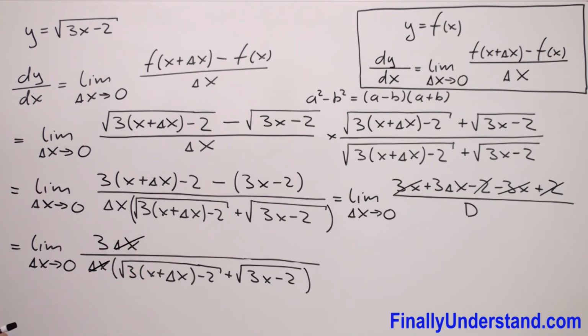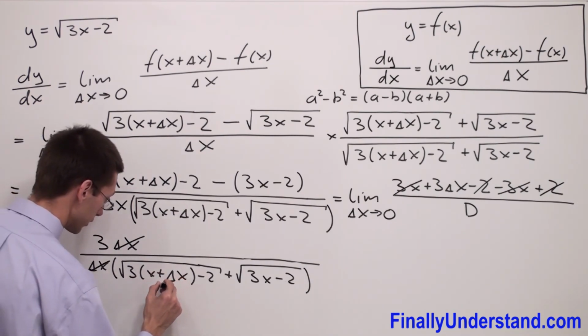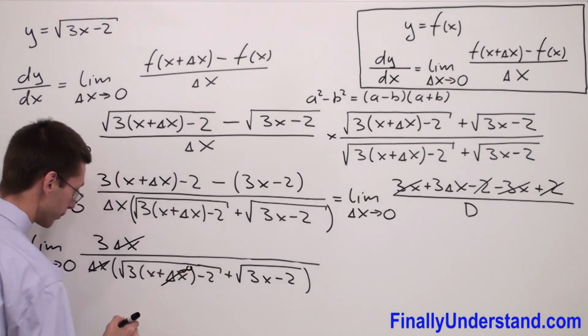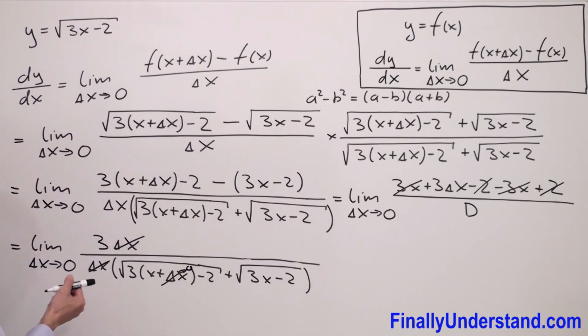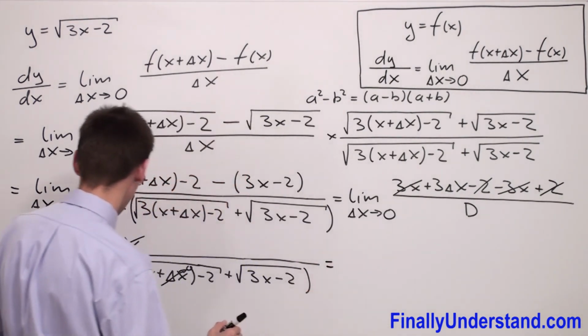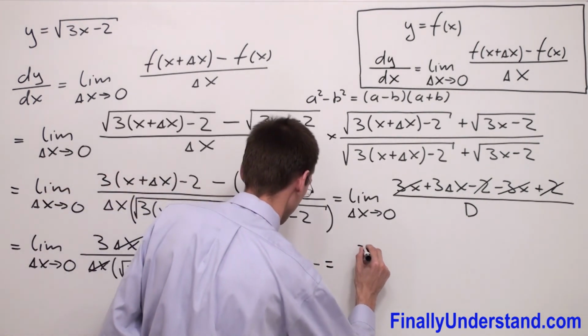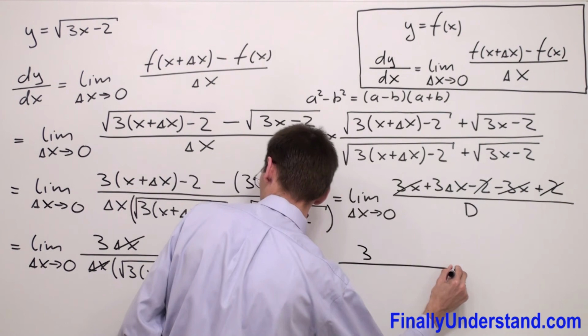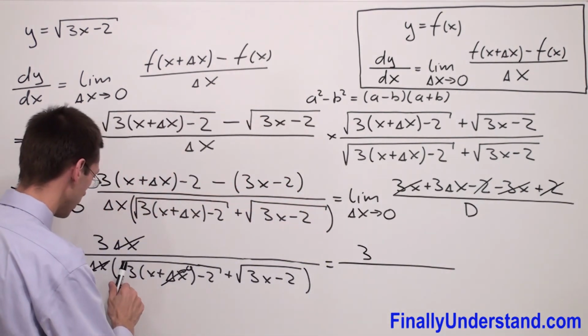Okay, so next I'm supposed to realize that my delta x approaches 0. So this delta x will approach 0. Let's take a look at how my answer is going to look. So I have got 3 over, and what's left?